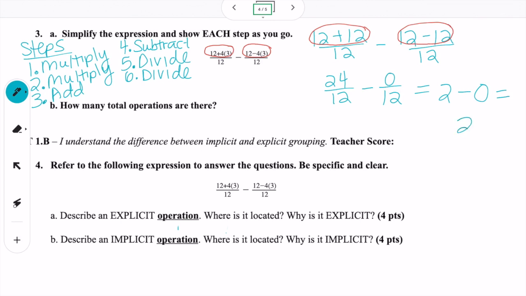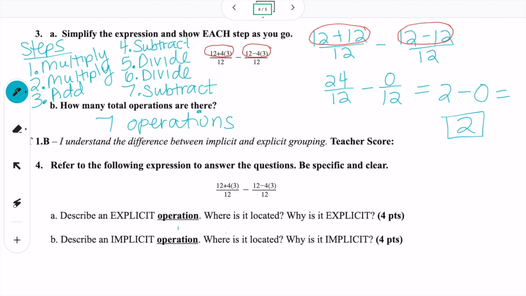And we can finish this off by subtracting. So step 7 is to subtract. That's a total of 7 operations. Each time we multiplied, we counted them separately. Each time we divided, we counted it separately. So if you didn't get 7, try to recount them.